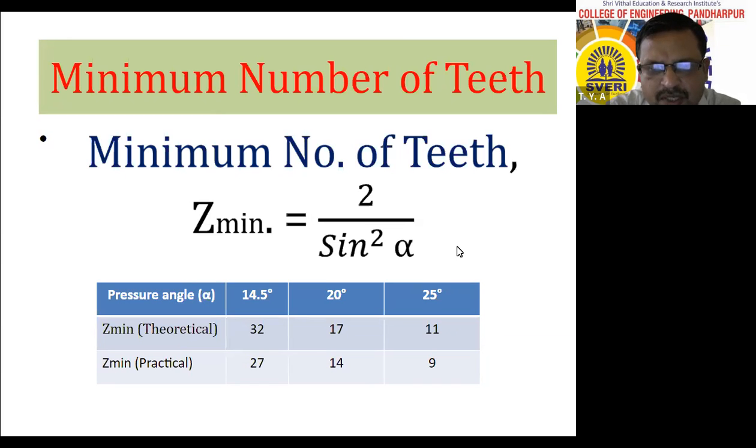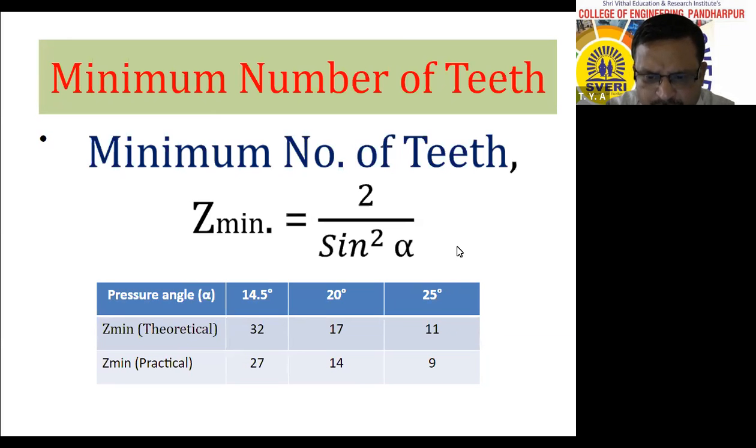At that time what will happen? If you remove the material from the base of that gear tooth, the width of the gear tooth at the base is going to decrease. At that time what will happen? If suppose a sudden impact load is there, that gear tooth is going to break.